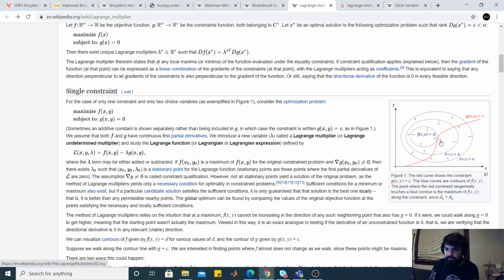And so these are contour lines of f, getting closer and closer to the global minima, which would be over here, and this constraint existing. They have gradient lines here for g of x, and they show that the minima is exact opposite. I'm not a big fan of this picture.